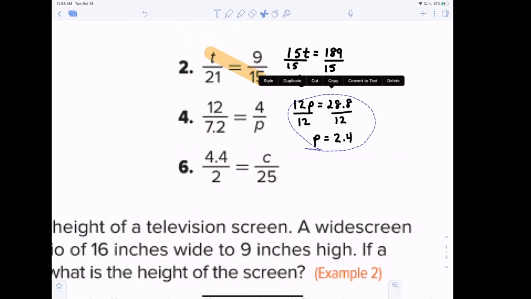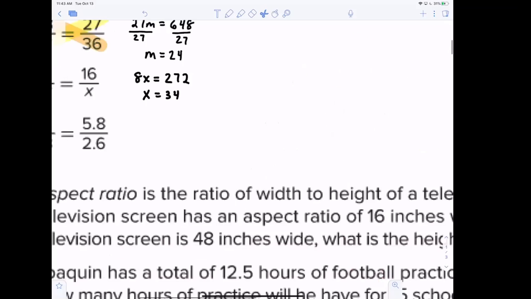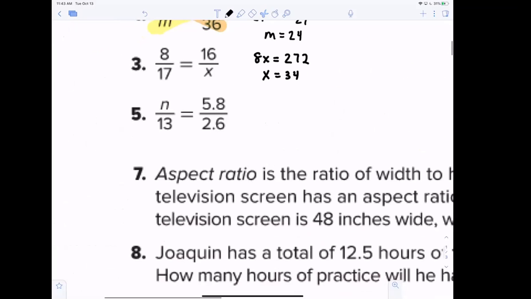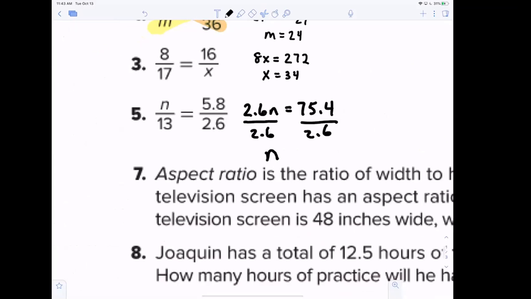Do you agree, guys? All right, let's go. Avery, tell me. You say 75.4? Hold on. Did you say 75.4? Okay. Right? Everybody good? Tell me.